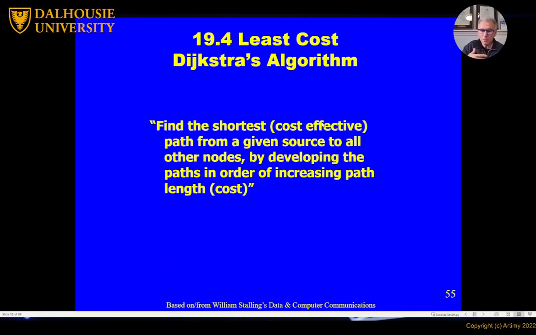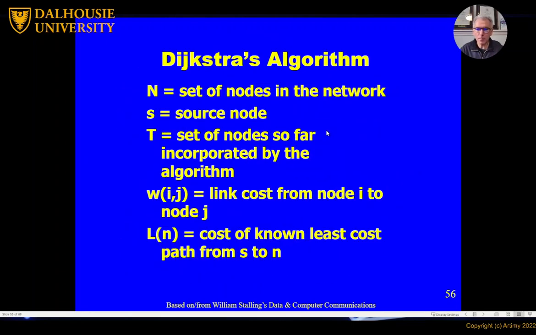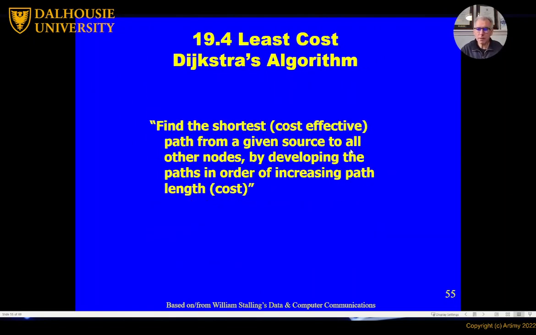And just to remind everyone, Dijkstra algorithm is used to calculate the shortest or the most cost-effective path in a link state routing protocol. We talked about distance vector versus link state routing protocol. So the Dijkstra algorithm is one of the famous algorithms used in the link state. The link state routing protocol works by collecting information from all nodes, building a database of link information.